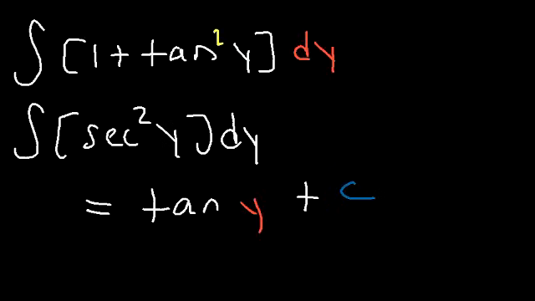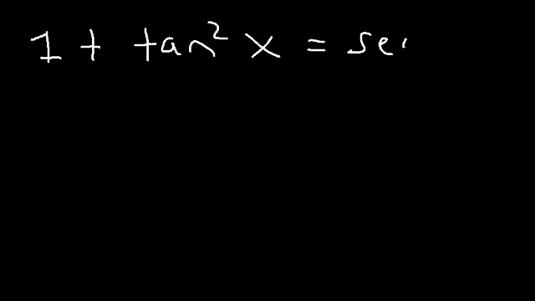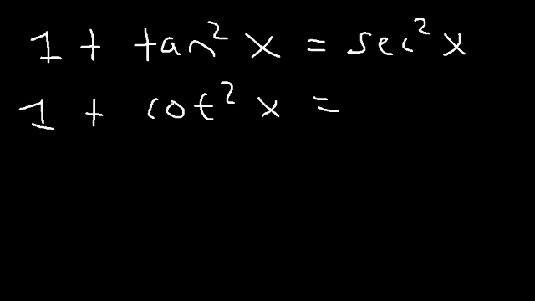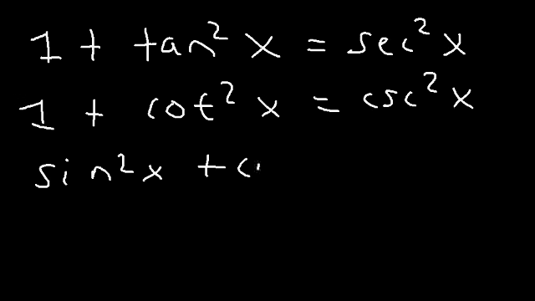So make sure you know the common trigonometric identities. The first one that we mentioned, 1 plus tangent squared is secant squared. Make sure you know that. 1 plus cotangent squared is cosecant squared. Sine squared plus cosine squared is equal to 1.